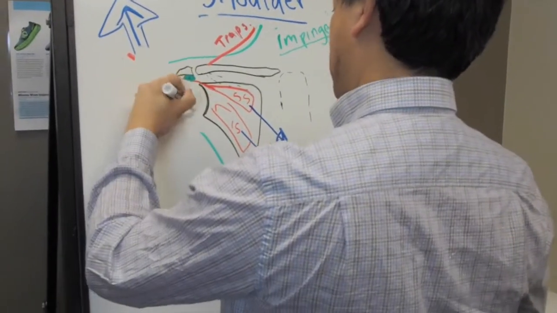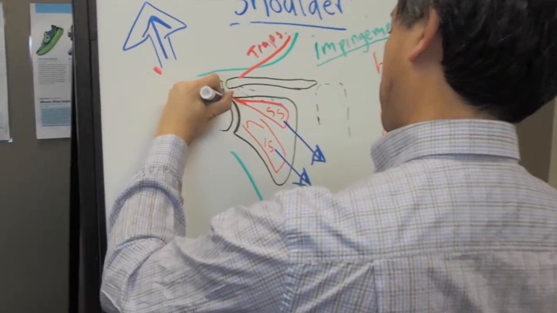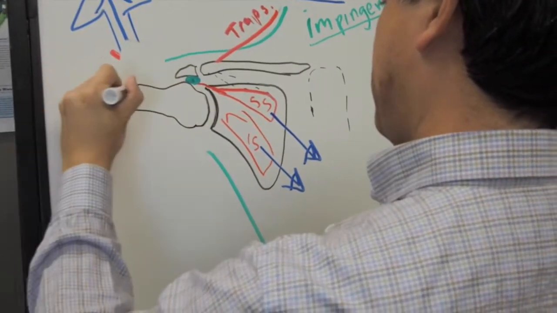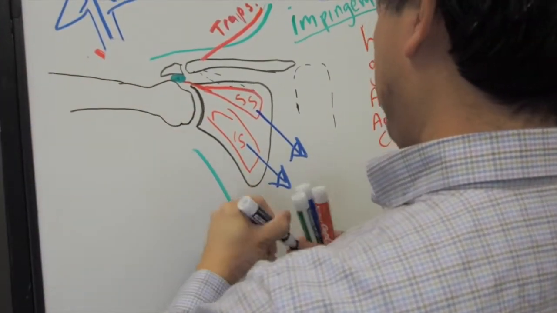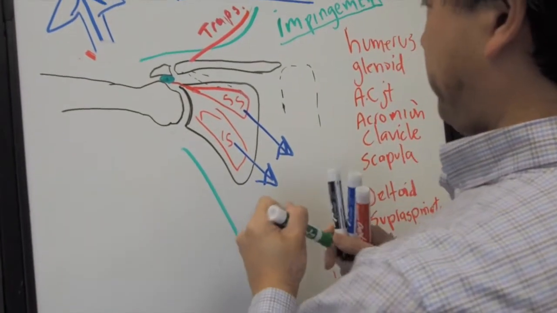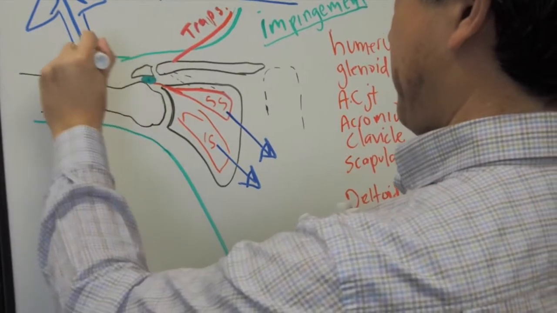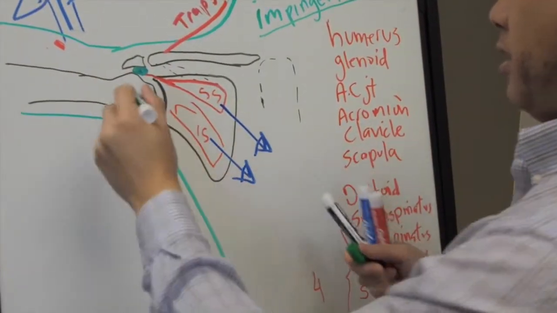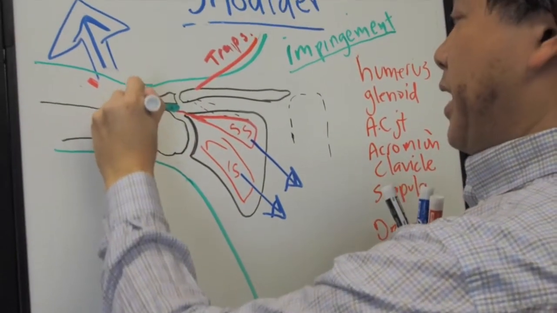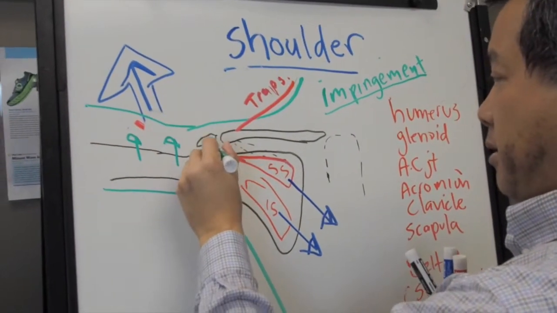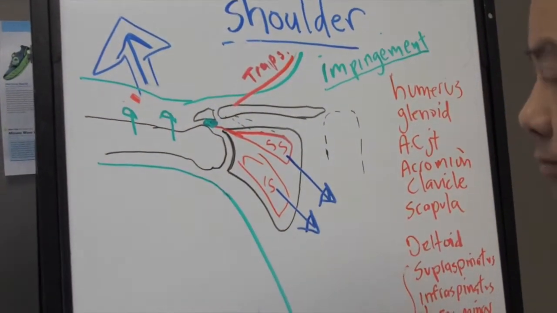As you lift your arm out to the side, so now his arm's out like this, right? What happened to that bump? Where's it going? It pinches down the tendon. There. Pinching, because your arm wants to go up. So you get this impingement syndrome right there.